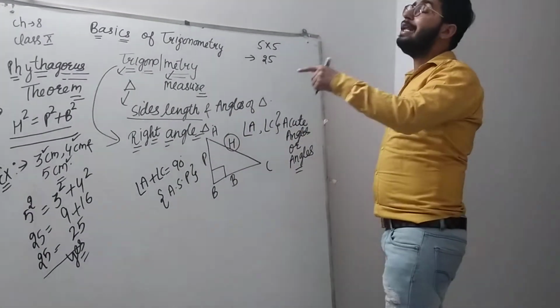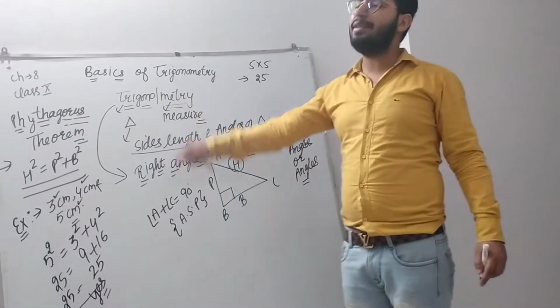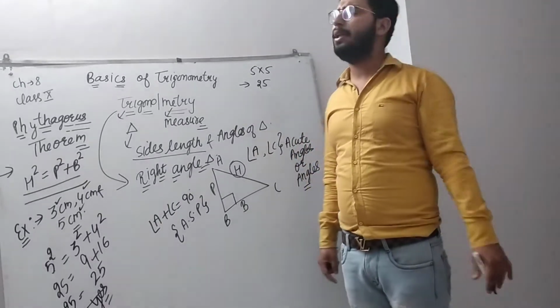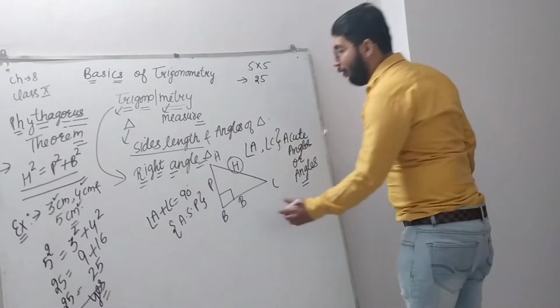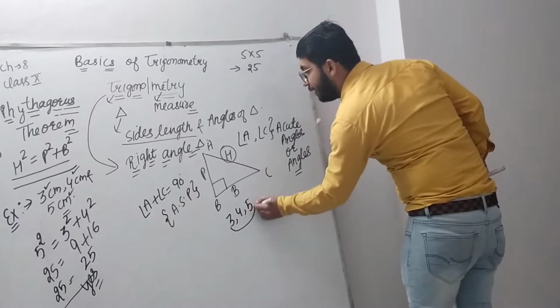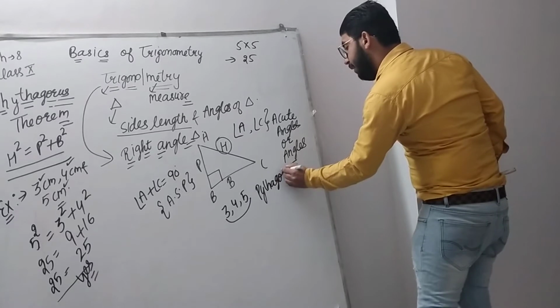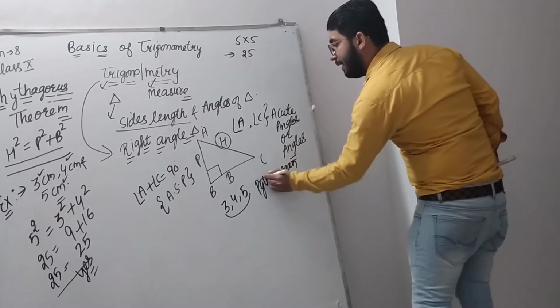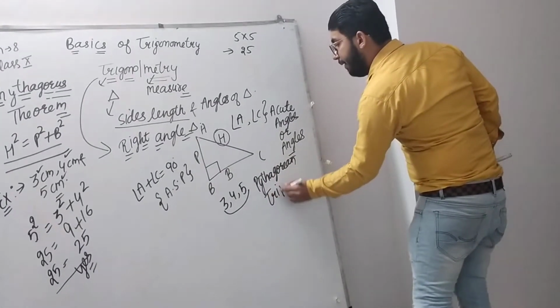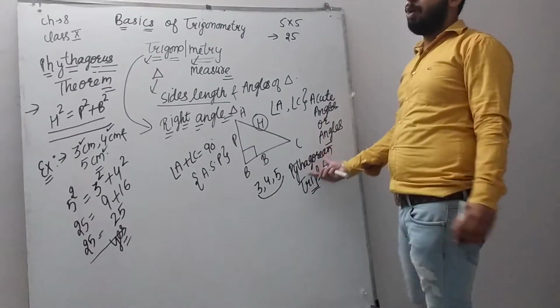We have already learned this in class 7 or class 8, that 3, 4, 5. What does this 3, 4, 5 represent? These are the Pythagorean triplets. Pythagorean triplets are what?